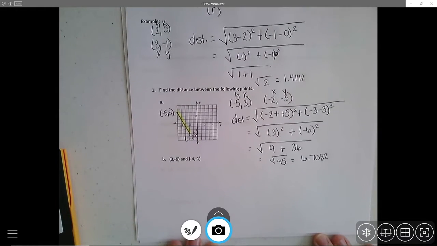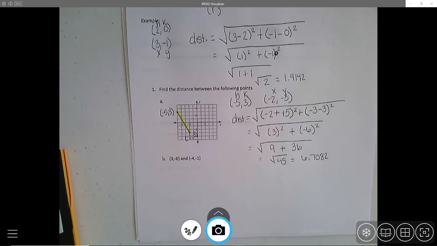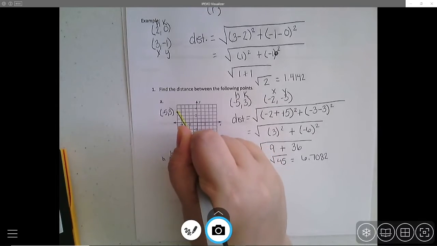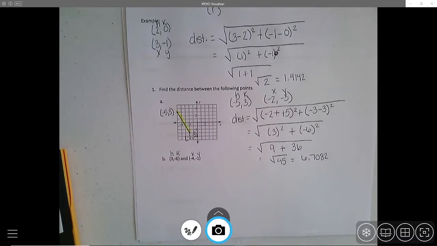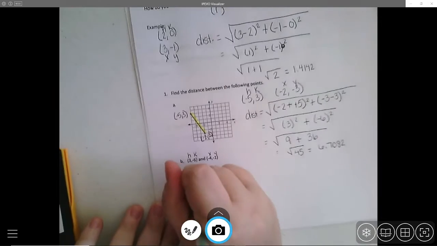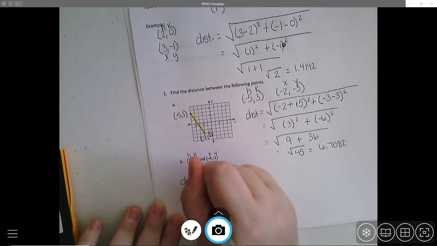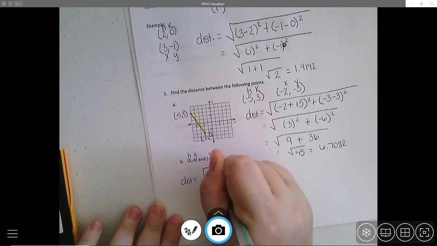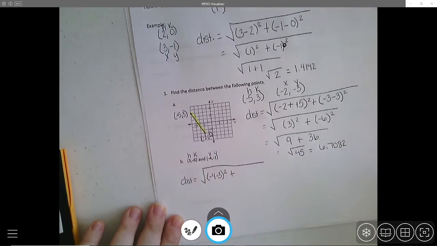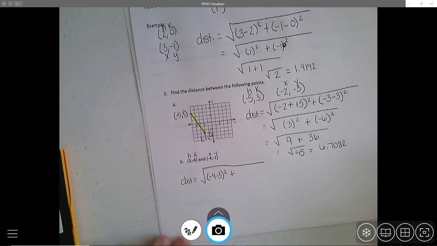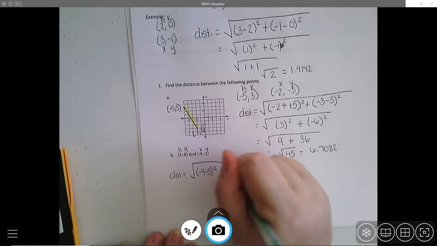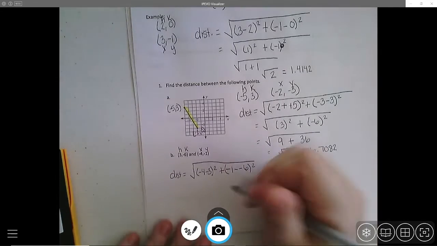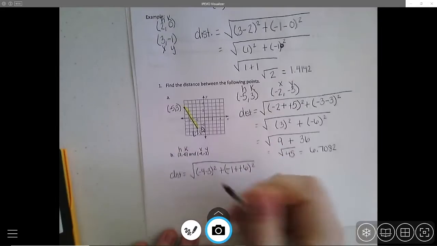Looking here at B, the points are already given to me. H, K, X, Y. So now, distance equals the square root of X minus H, negative 4 minus 3 squared, plus Y minus K, negative 1 minus a negative 6 squared. I have minus a negative, plus, plus.